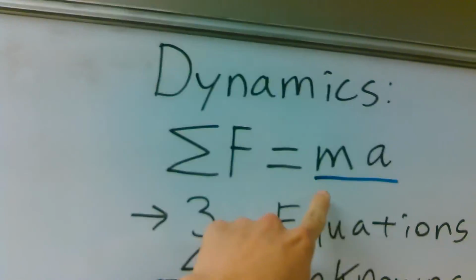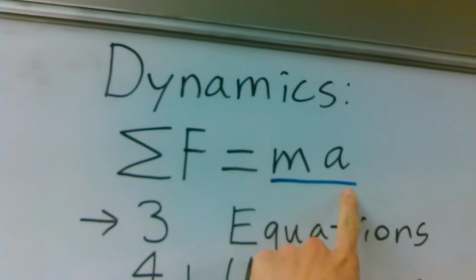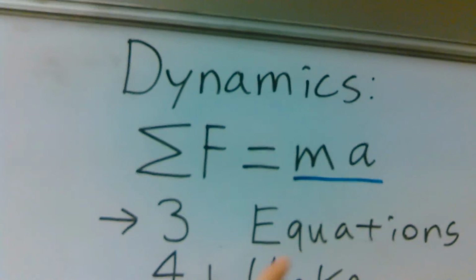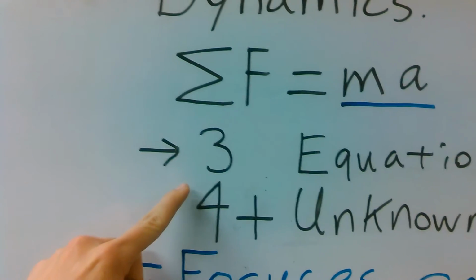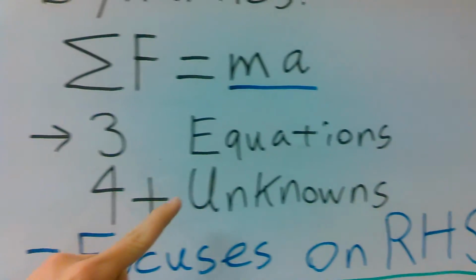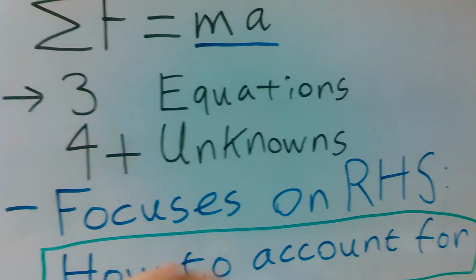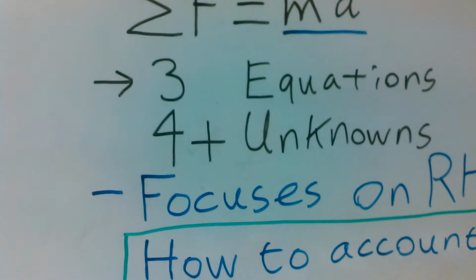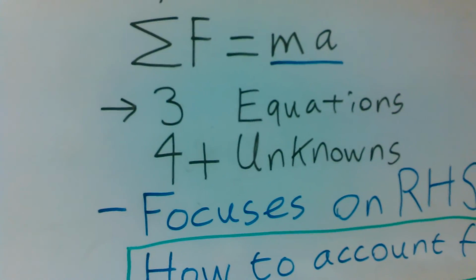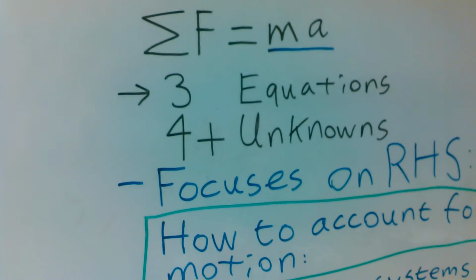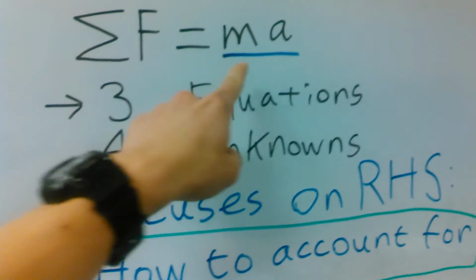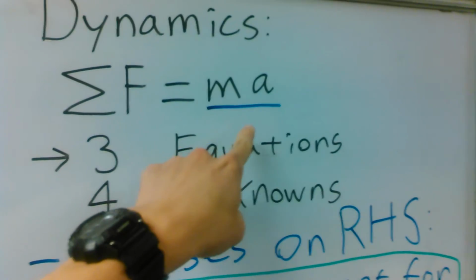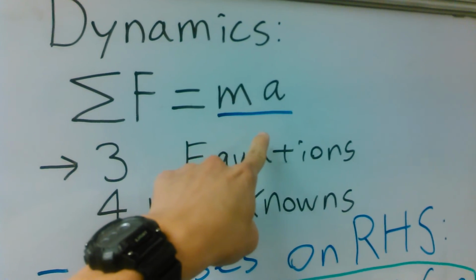It now equals the mass times the acceleration. So what you now have is 3 equations and around 4 or more unknowns. So what dynamics does is that you do not know how to solve for the right-hand side of the equation, and it focuses on how to figure that out.